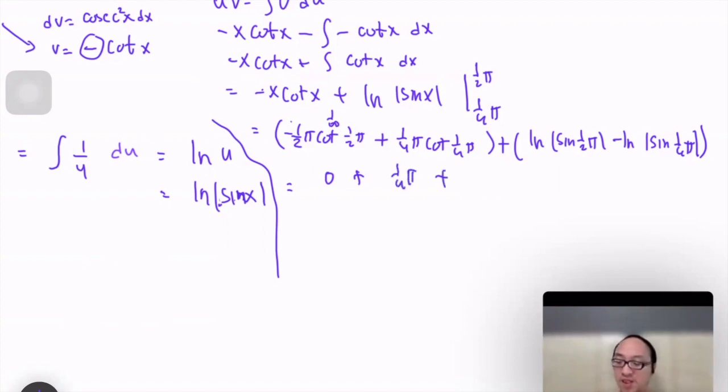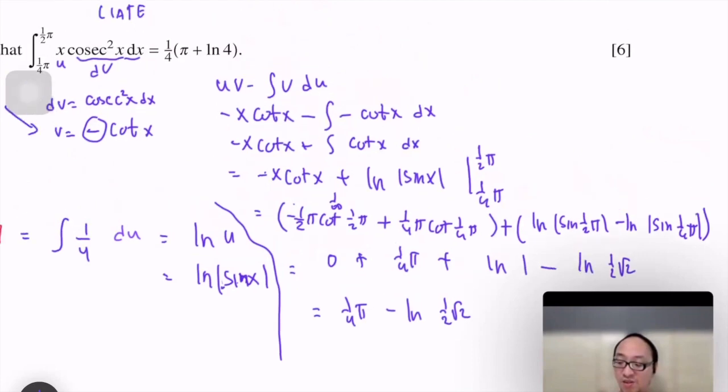Plus sine half pi is 1, so this is ln 1. Minus ln sine 1 over 4 pi is half square root of 2. So ln half square root of 2. So the final answer is 1 over 4 pi minus ln half square root of 2.